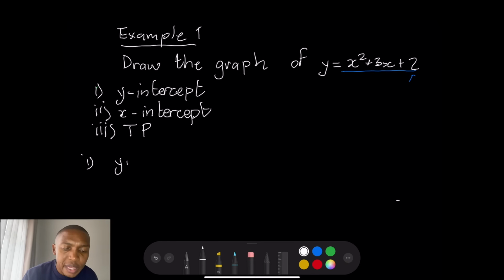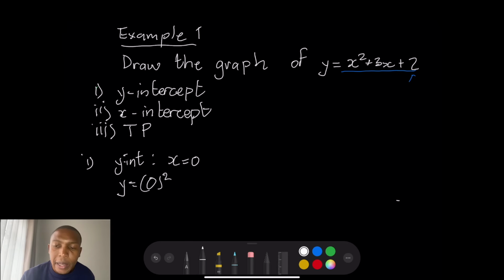So I can substitute 0 wherever I see x into my equation. So this would be y is equal to 0 squared plus 3 times 0 plus 2 in my original equation. And what am I left with? I'm left with 2. So it means that at my y-intercept, I have 2.